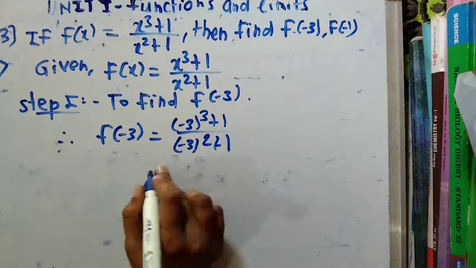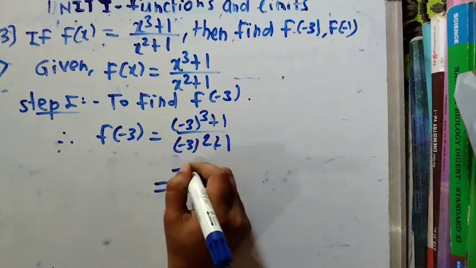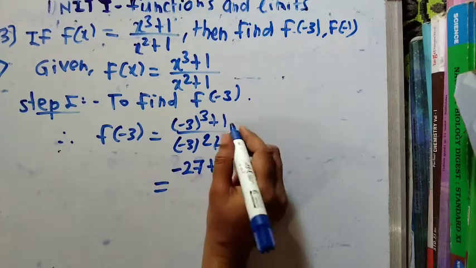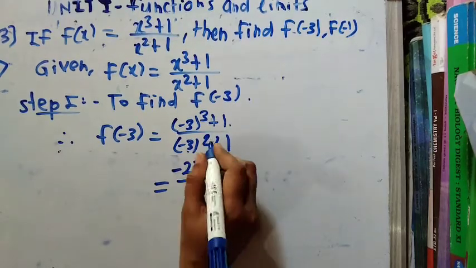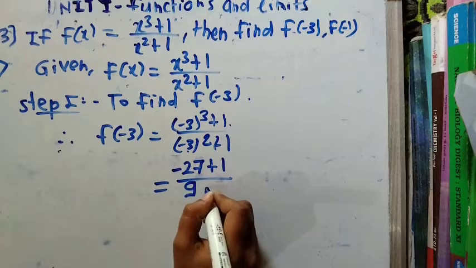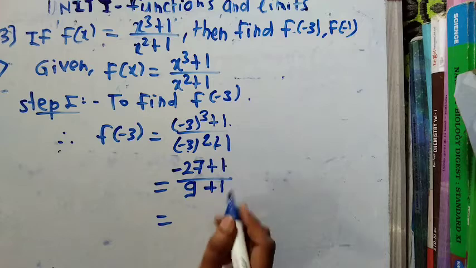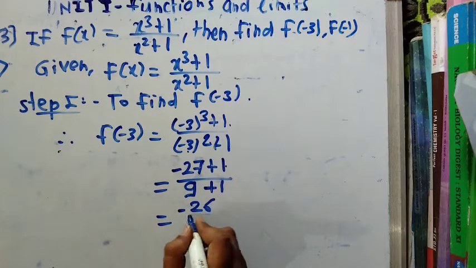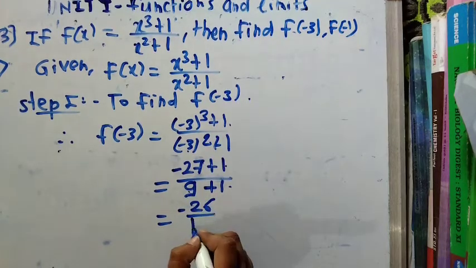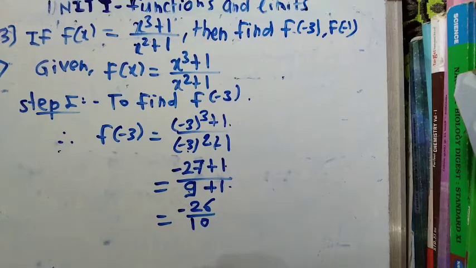So here minus 3 cube is minus 27 plus 1, divided by minus 3 square is 9 plus 1. So minus 27 plus 1 is minus 26, divided by 9 plus 1 is 10.